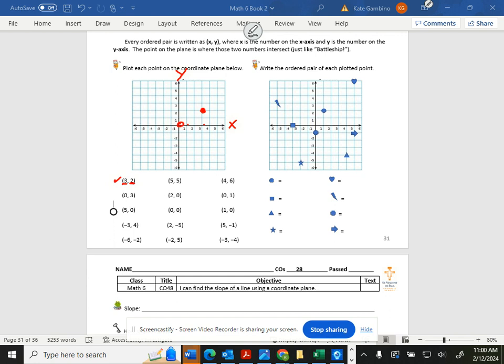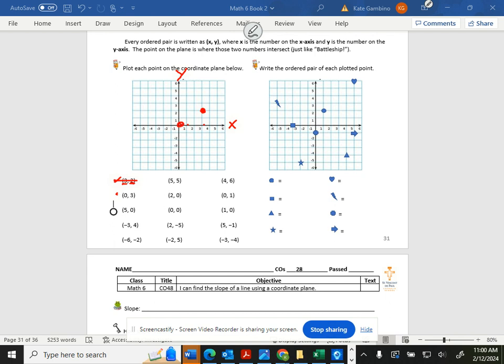So I'm going to put a little check mark, or I'm going to cross it off to say, yep, I plotted that one. Now I'm going to do my next one, (0, 3). If x is 0, how many do I count over on the x, Zelda? You count 0, so you're right here at the 0.